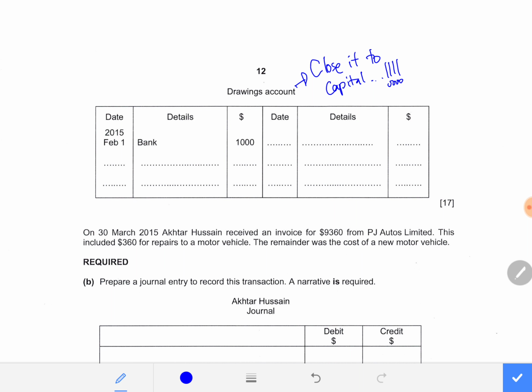So if you have a drawings on February 1st of 1,000, you close it to capital, dated at the end, March 31, and then 1,000. Done. That's it.